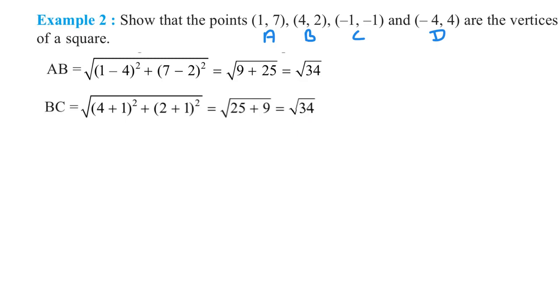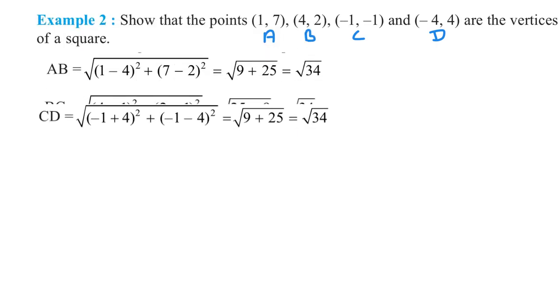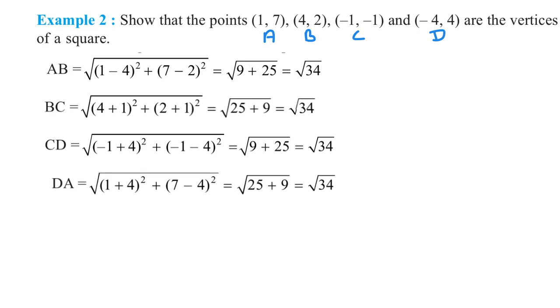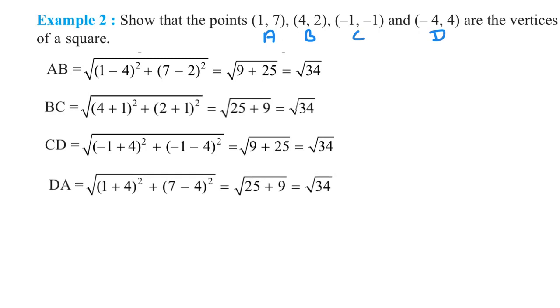Now let's find out the distance CD. Same way, let's find out the distance DA. Fine. So are all the sides equal? Yes, they are.